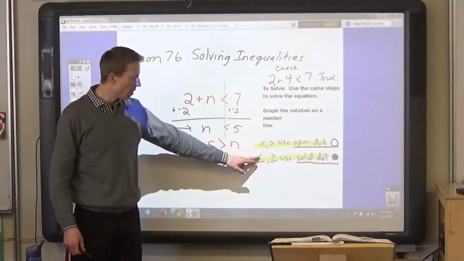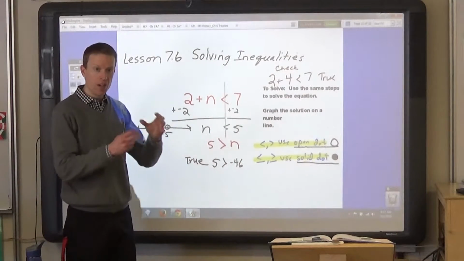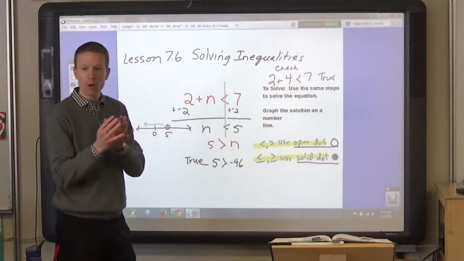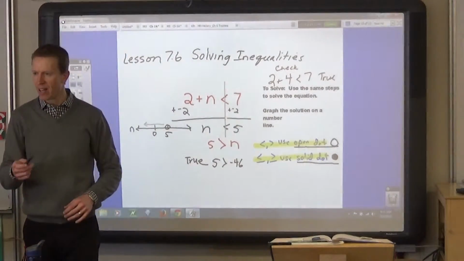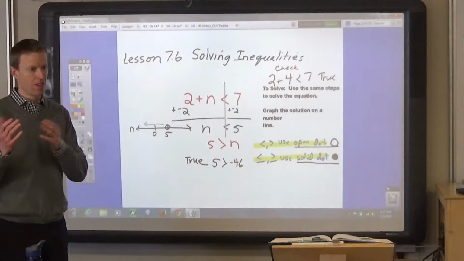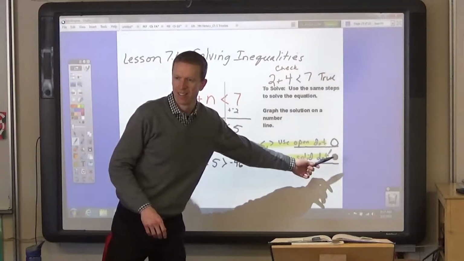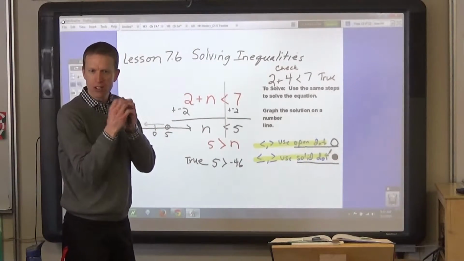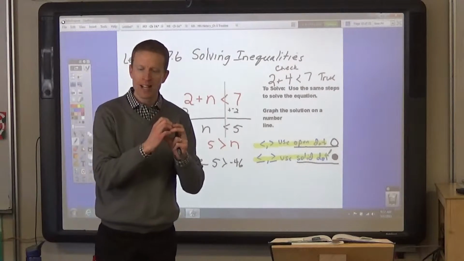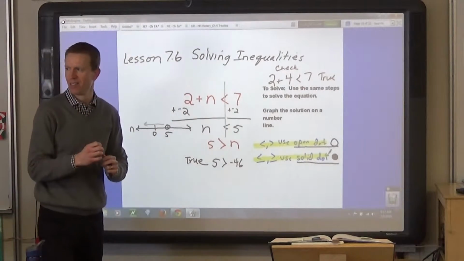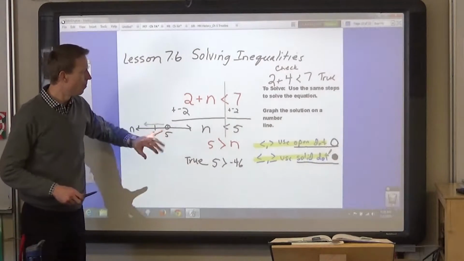If you have the less than or equal to sign, meaning that the number that you found could be part of the solution, or if you have the greater than or equal to sign, meaning that the number again could be part of the solution, then you use a solid dot. Think about the solid dot includes the number you're graphing, whereas the open dot does not include the number you're graphing. Okay?